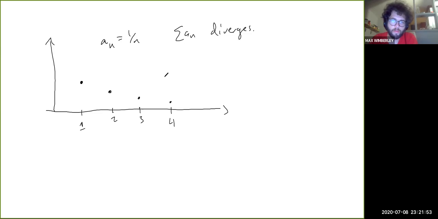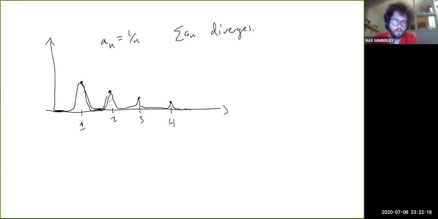But what you can have if you don't require f to be decreasing is basically that the graph of f could be something like this. So f is at 0, and then it spikes up to this value, and then spikes up to this value, and then to this one, and this one. And it's supposed to be 0 everywhere else, okay?